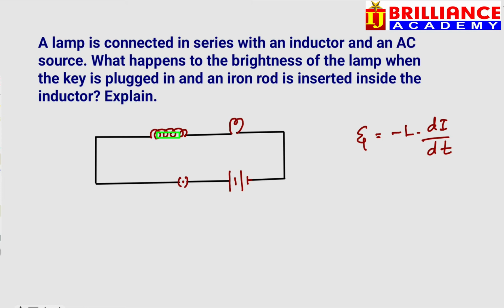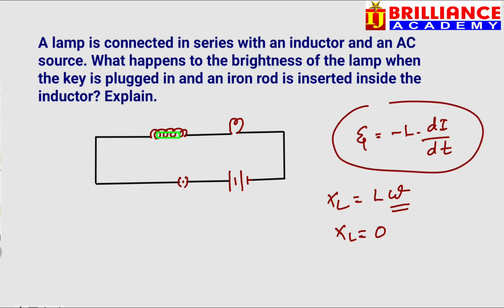Moreover, students, XL is equal to L omega, and for a DC source the frequency is 0, so XL is equal to 0. So the resistance across this inductor will be 0. In fact, the inductor will act as a conductor, but only for a while, because the back EMF is there.